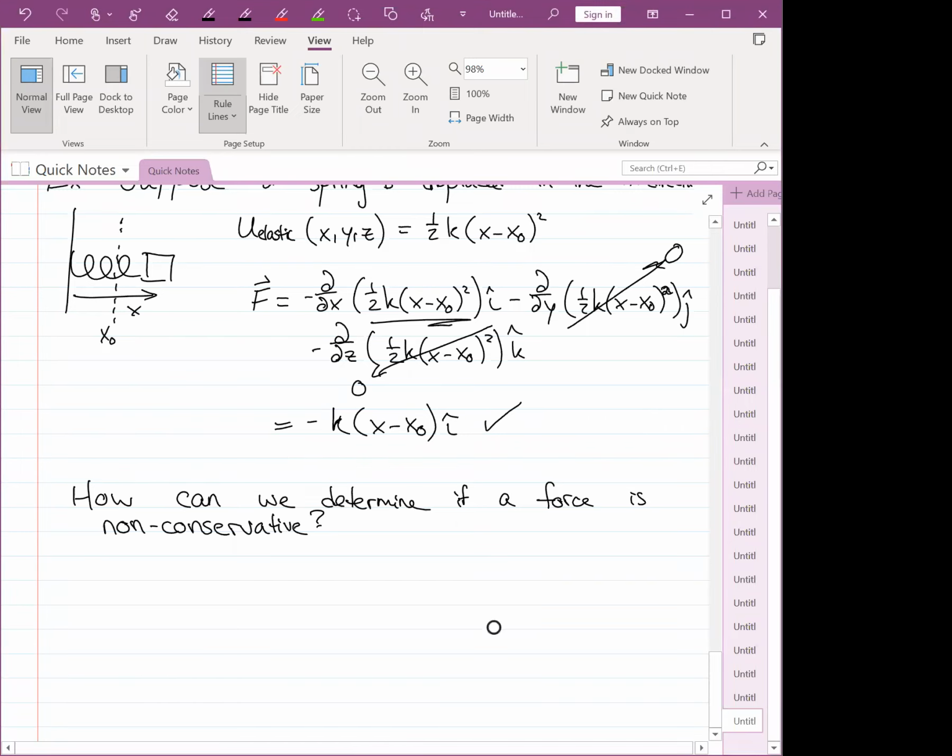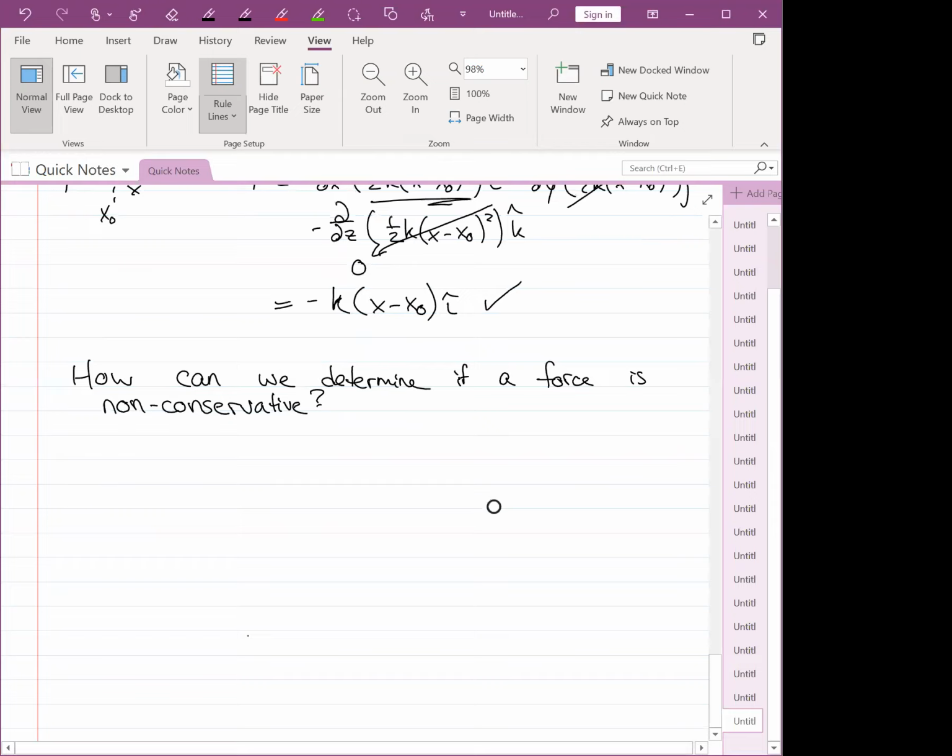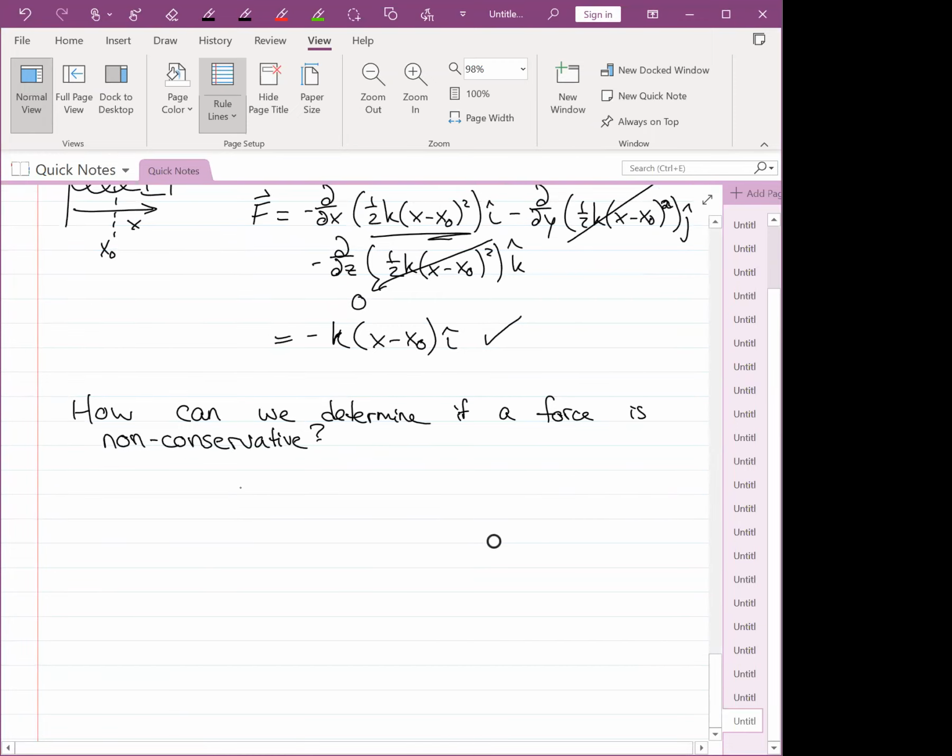So how do we determine if a force is non-conservative? First, this can be the x component of the force.